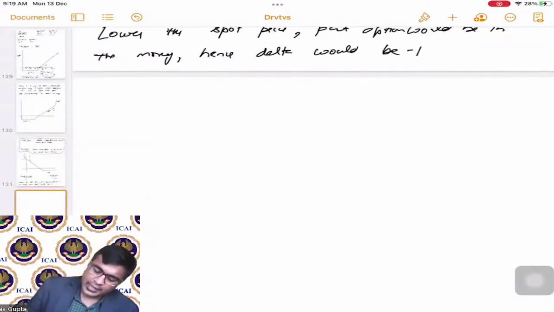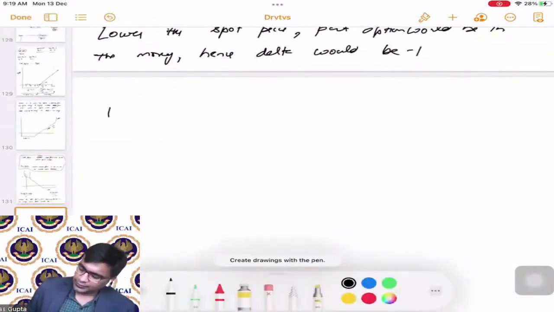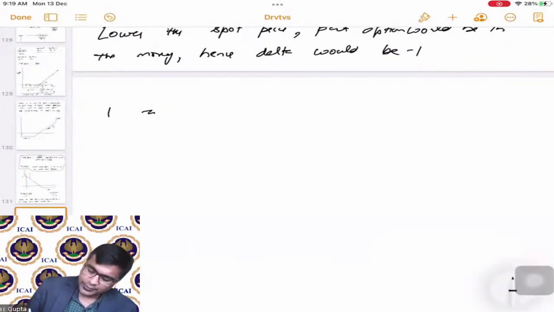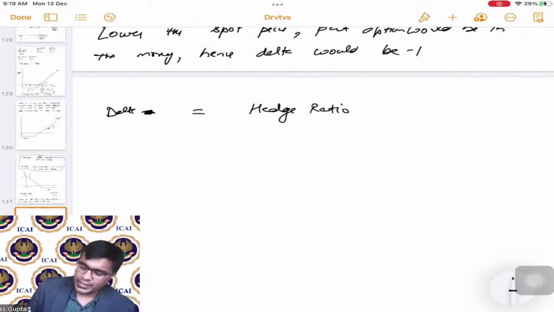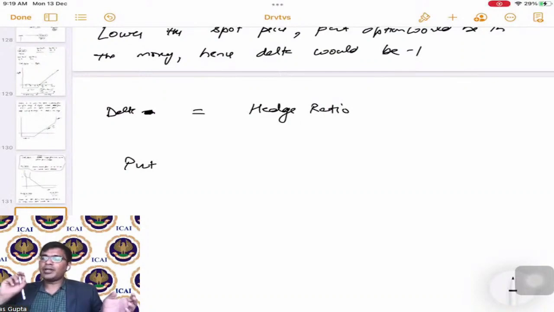The last point is that delta is actually the hedge ratio, correct? This we have also studied. Is there a relation between put delta and call delta?